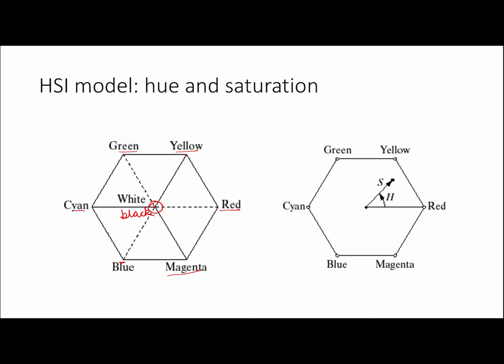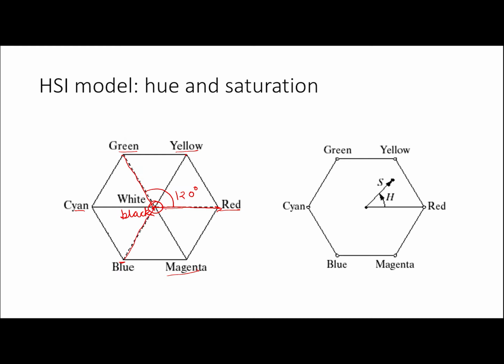Now if we draw a line joining the center of the hexagon to all the vertices of the hexagon, then red and green will be separated by an angle of 120 degrees.